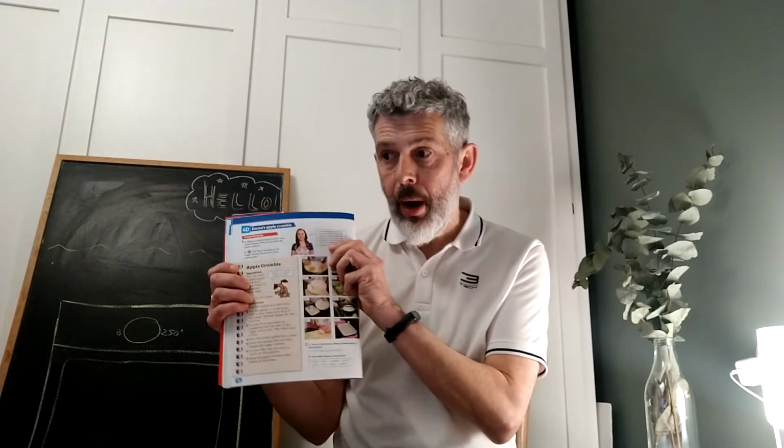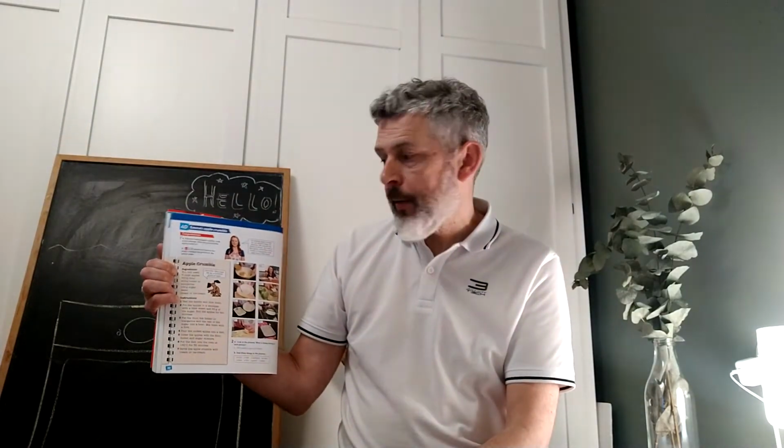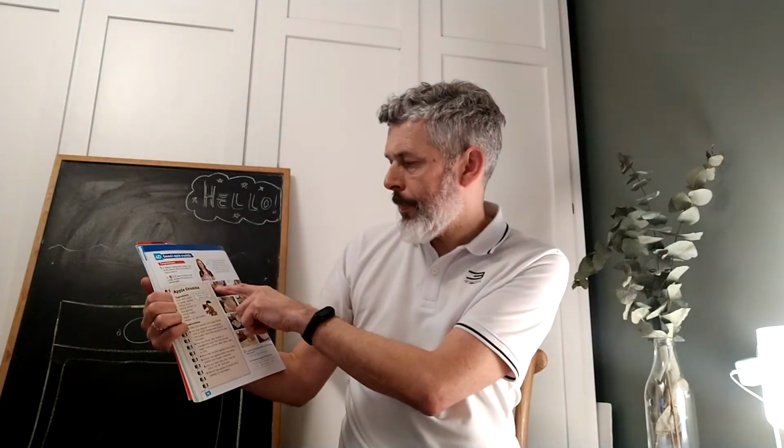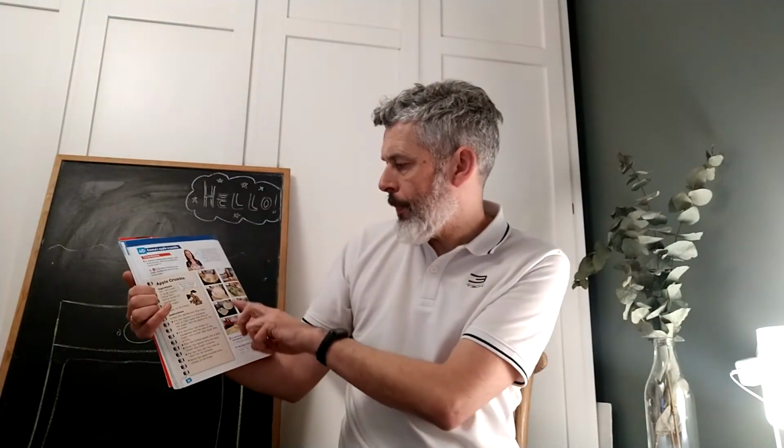Very nice. Okay, so let's look at the pictures. Let's describe what Emma is doing. Okay, let's describe what she is doing in each picture. The words are in the text. Okay, so if we look at picture A, picture A is number 4.